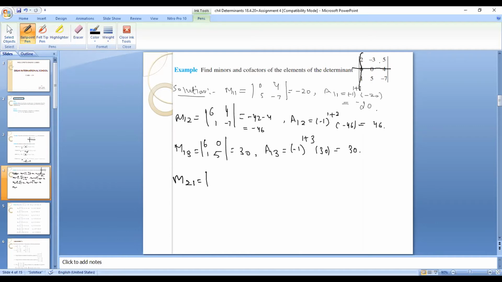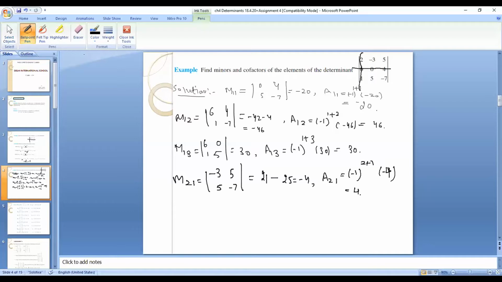Determinant minus 3, 5, 5, minus 7 will be the determinant of, then 7 into 3, 21, minus 5 into 5, 25, it is minus 4. Then A21 is equal to minus 1 raised to power 2 plus 1 into minus 4. Minus 1 raised to power 3 means negative. Negative into negative, positive 4.